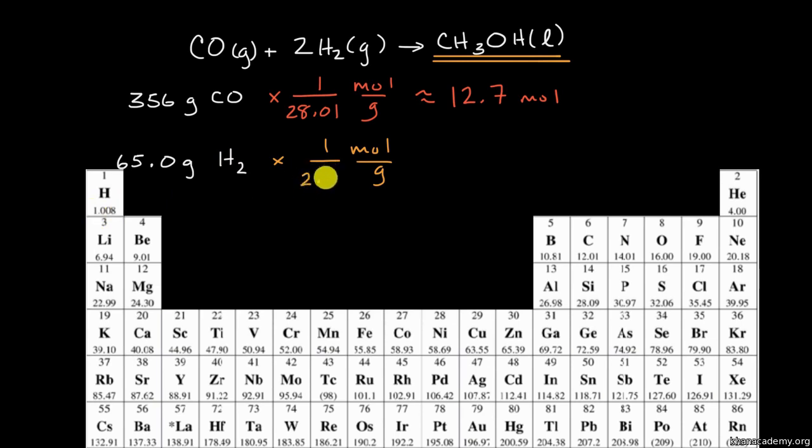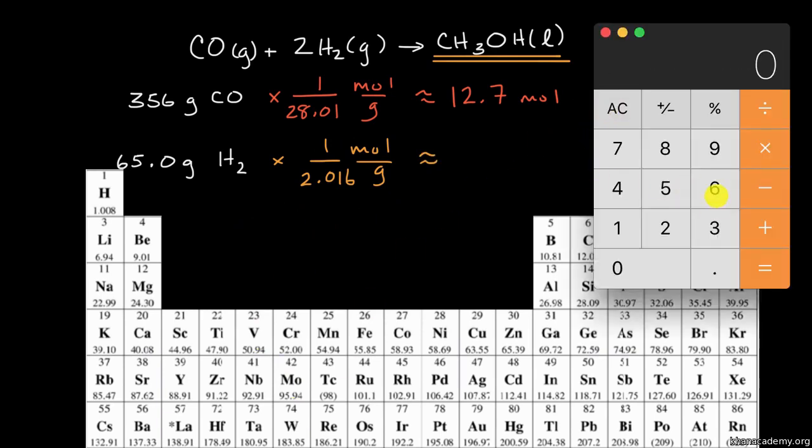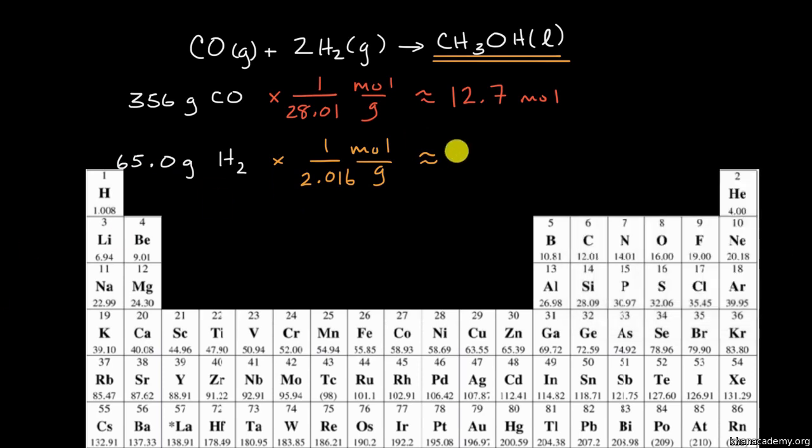So 2.016 grams per mole, or 1 mole for every 2.016 grams. And so this is going to be approximately equal to, get the calculator out again, 65 divided by 2.016 is equal to that, and we have 3 significant figures, 4 significant figures. So if I round to 3, it's approximately 32.2 moles.